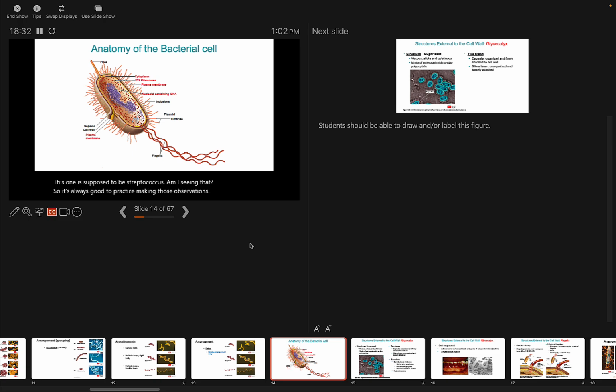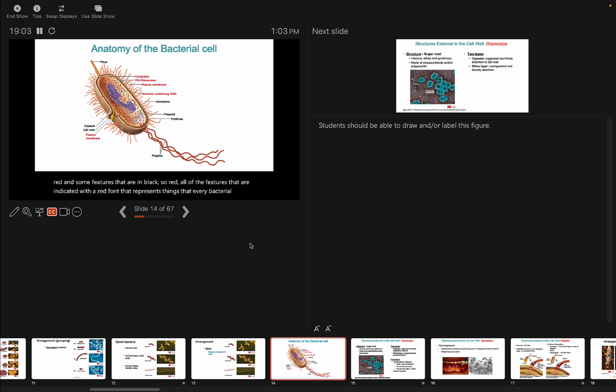So broadly then, when we talk about the anatomy of a prokaryotic cell, these are the pieces. They've differentiated in this image. You have some features that are in red and some features that are in black. Red, all of the features that are indicated with a red font, represent things that every bacterial cell has.